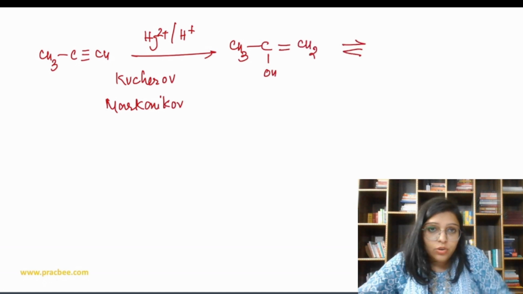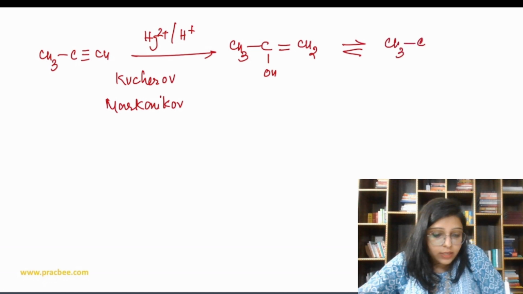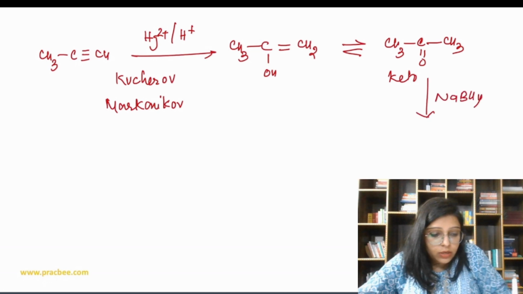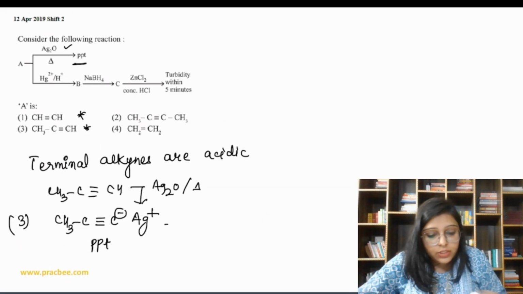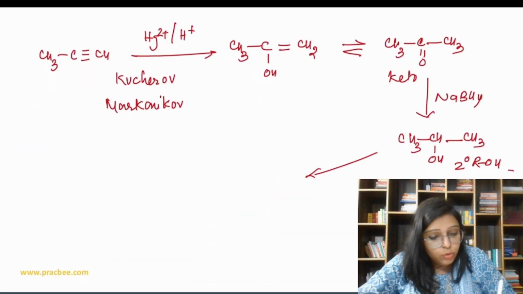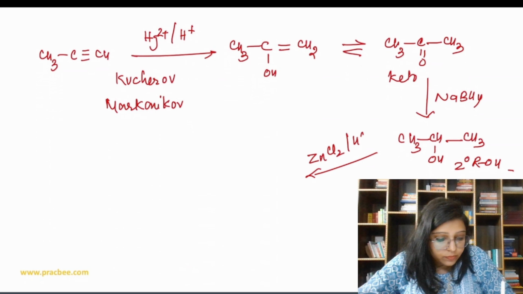Now this is the enol form, so this tautomerizes to the keto form. Then in the presence of NaBH4, we get a 2-degree alcohol, which gives turbidity with Lucas reagent after 5 minutes.